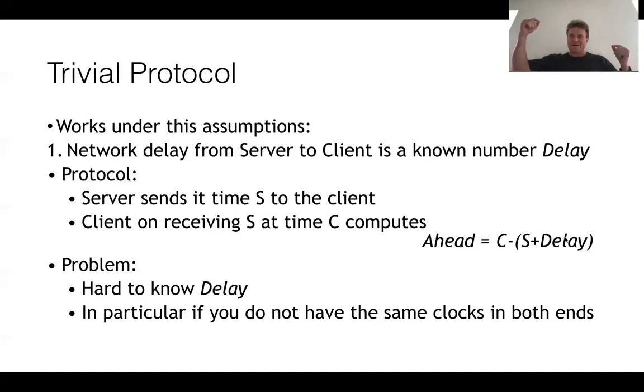So I don't have a common time. I have an event that happened at some time up here, and later I observe it down here, and I would like to know how long it took for that message to travel. That seems hard, and in fact, to some extent, it's also impossible if we don't have any other guarantees. Okay, let's look at how we can solve it to some extent.